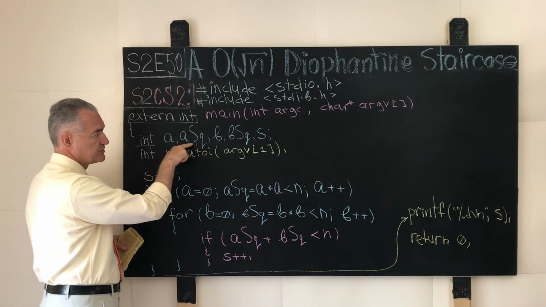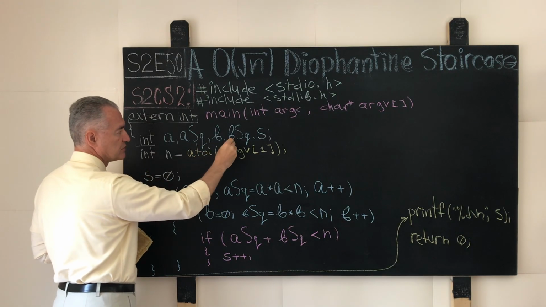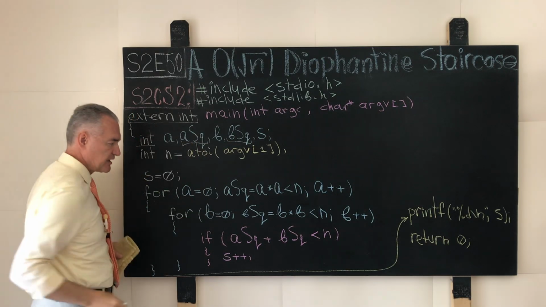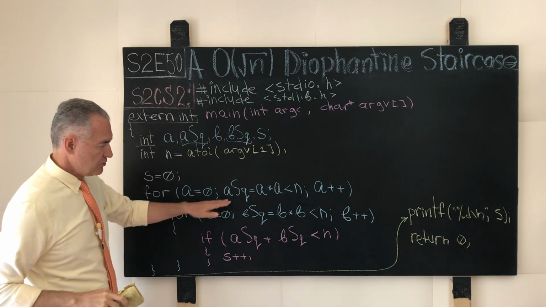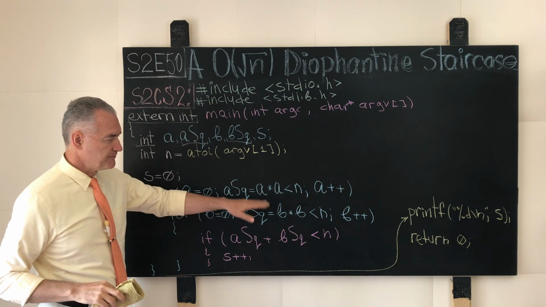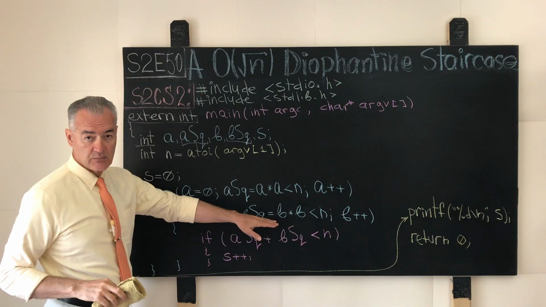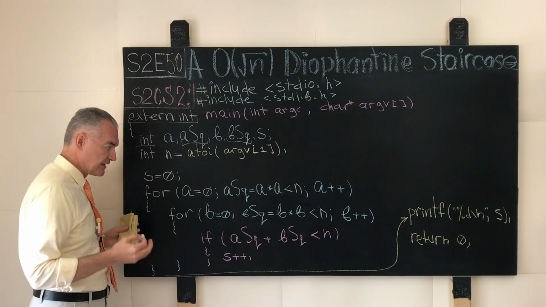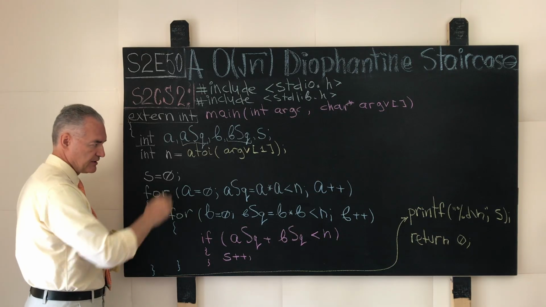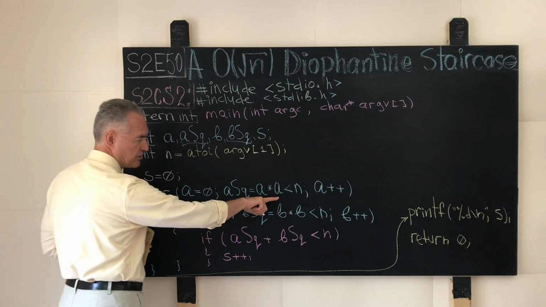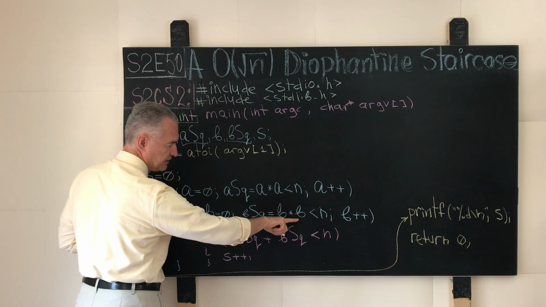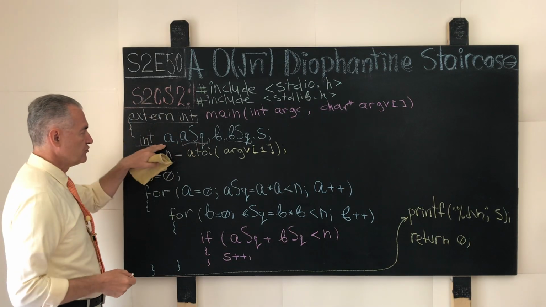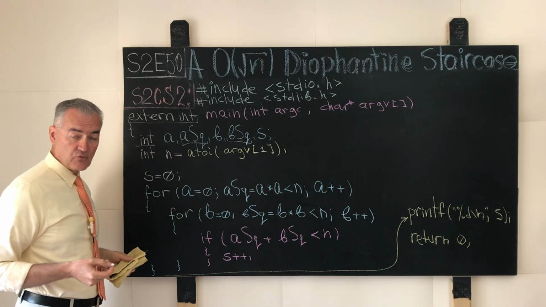And A square and B square, these two variables, are again a tiny optimization so that we don't have to compute the product of numbers with themselves more than once. Again, it's not that crucial, not that important. You can get away with it. You can just play with A times A less than n and B times B less than n. But the idea is to vary these two variables, A and B, independently of each other.